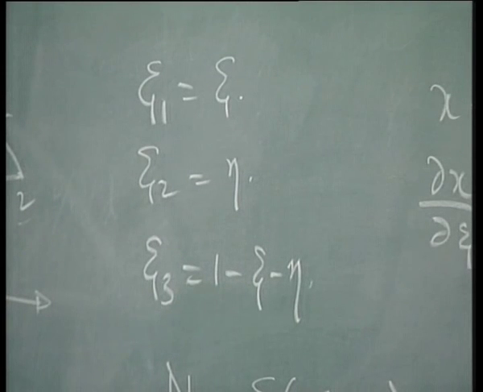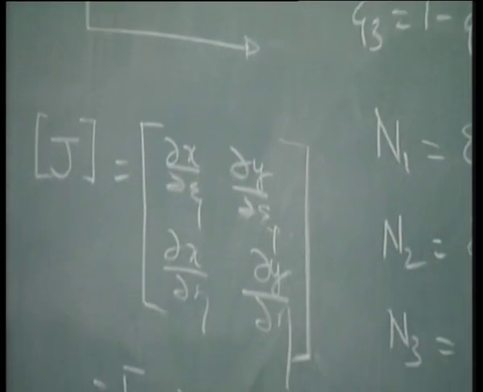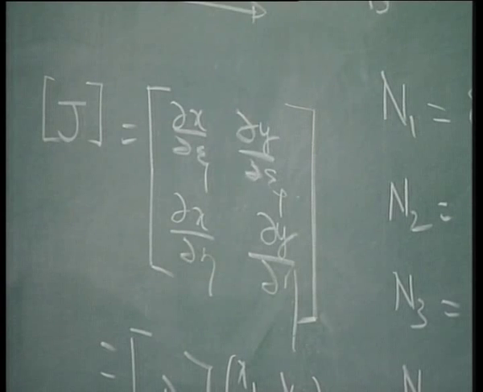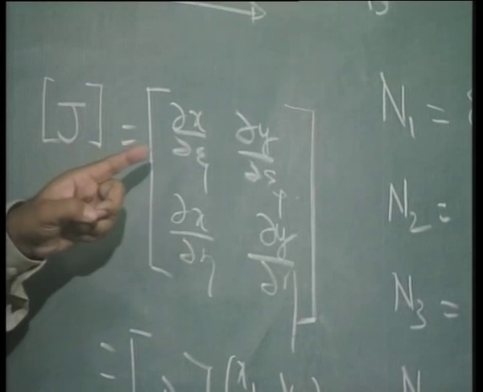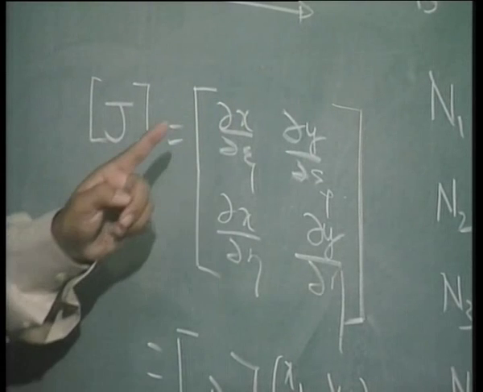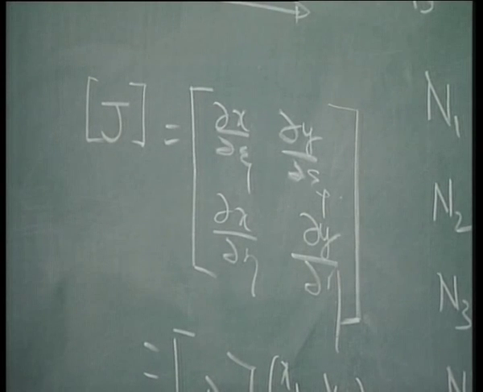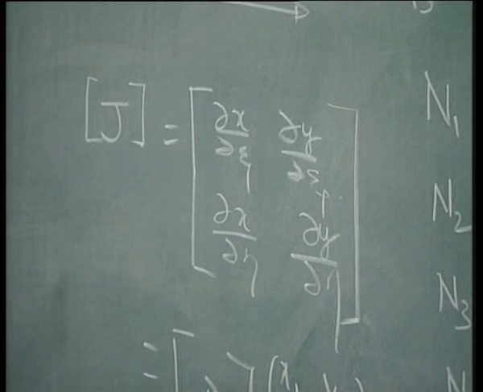After doing this, I wanted to calculate the J matrix. Now what is it that I need? I need to substitute for x in this equation. What is x? Summation of Ni xi. Is that clear?